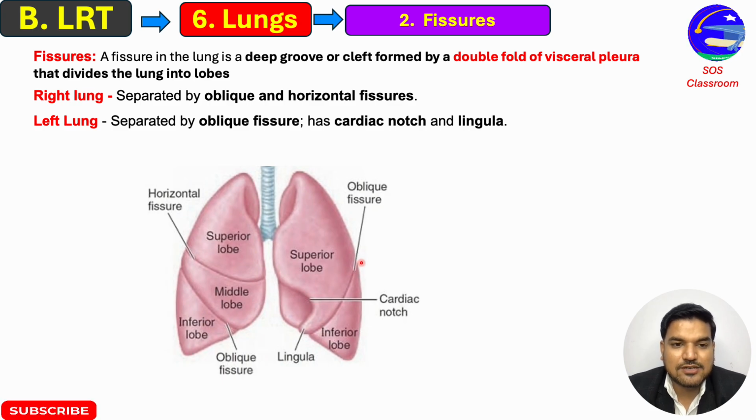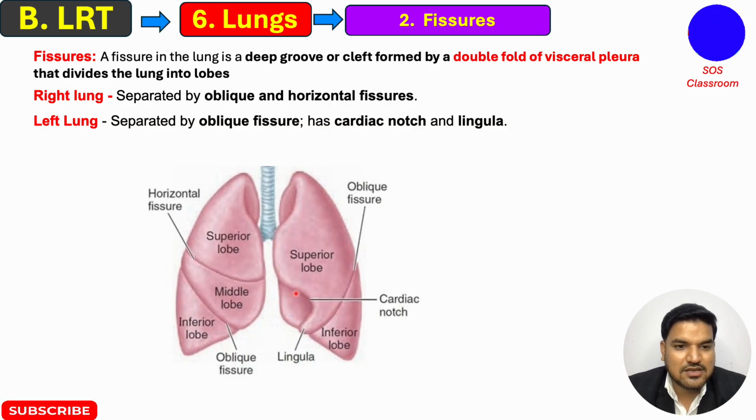But there is no horizontal fissure on the left side. You can see on the left side there is no horizontal fissure because there are only two lobes. So it has only one fissure, that is the oblique fissure. The oblique fissure is present between the superior lobe and inferior lobe on the left side, with absence of the horizontal fissure. So the right lung is separated by the oblique and horizontal fissures and the left lung is separated by the oblique fissure, and it also has a cardiac notch and lingula.